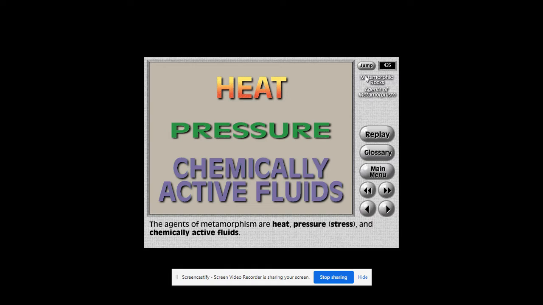So this speeds up the chemical changes that occur during the metamorphic process. So the combination of all three of these transforms rock from sedimentary or igneous into a metamorphic, or metamorphic into an even more metamorphic rock.